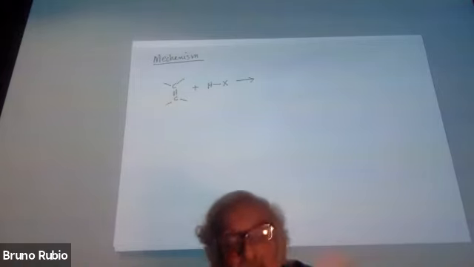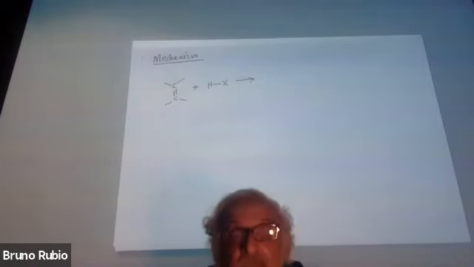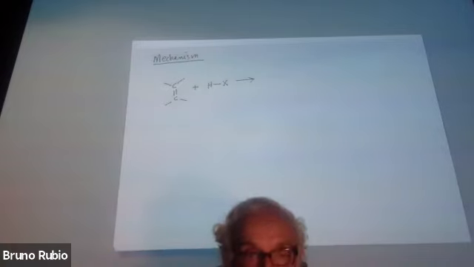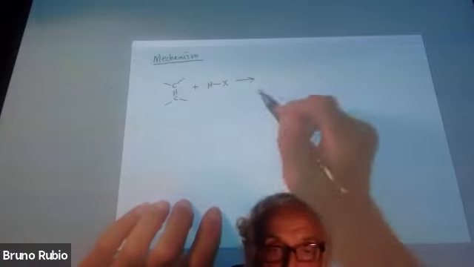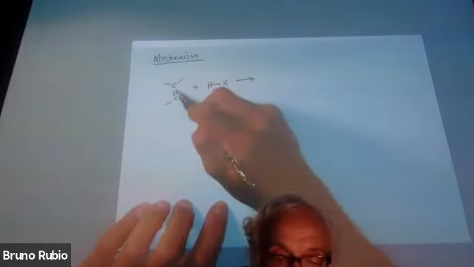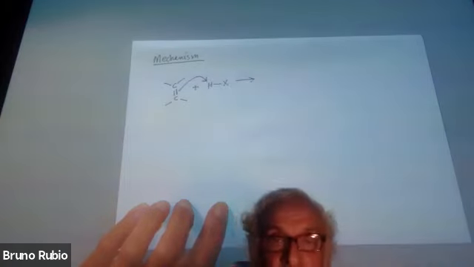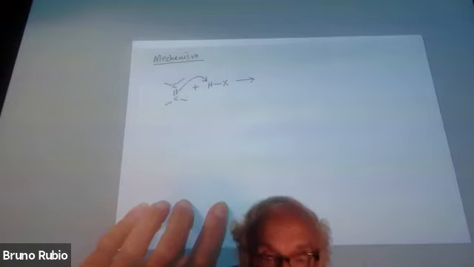So nucleophile gets together with electrophile, right? Most of chemistry is just this: something that has a lot of electrons chasing something that doesn't have as many electrons. Negative charge chasing positive charge. And so the first step of this reaction mechanism is that the electrons in this pi bond reach out and grab the proton from HX, right?